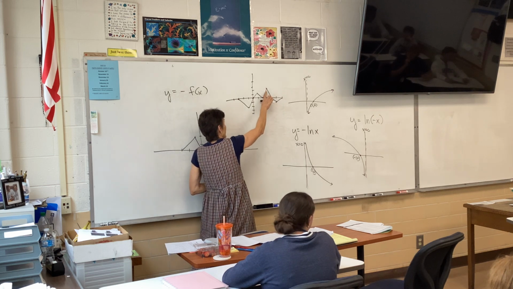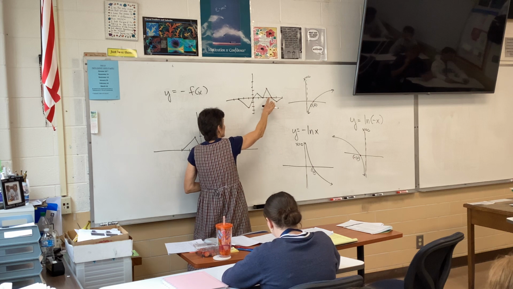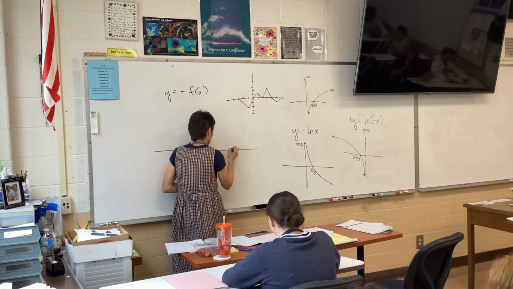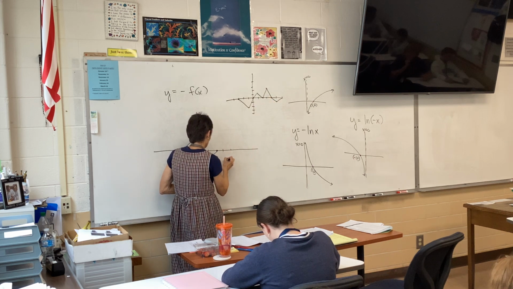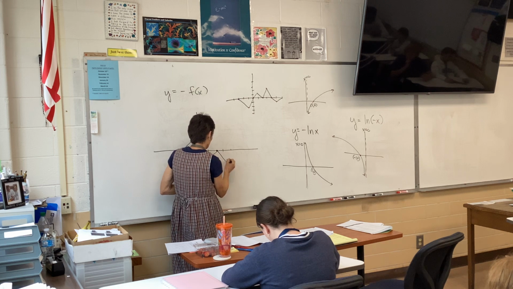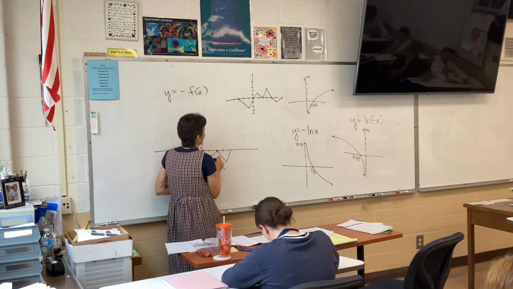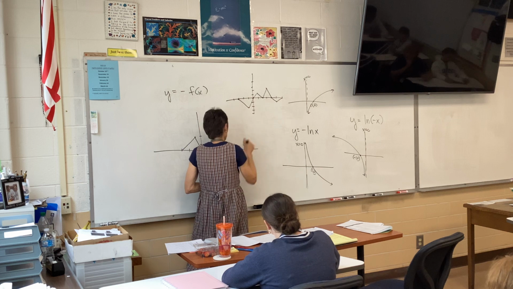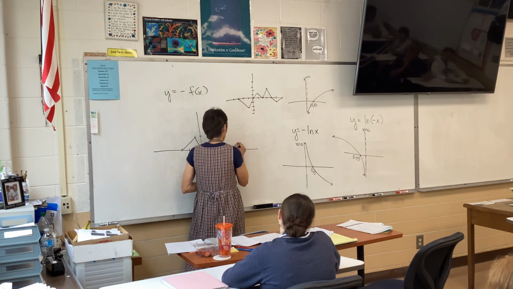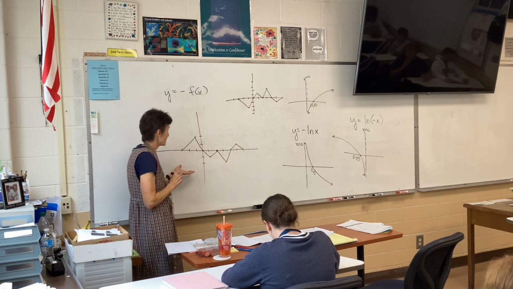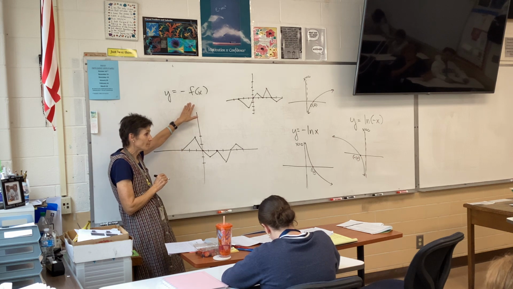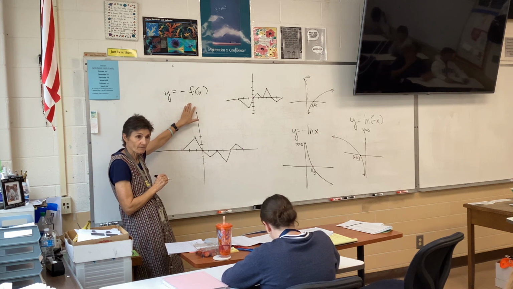And how about this triangle right here? It's gonna go down 2. And that little triangle is going to go up 1. And there it is. There's a picture of negative f of x.